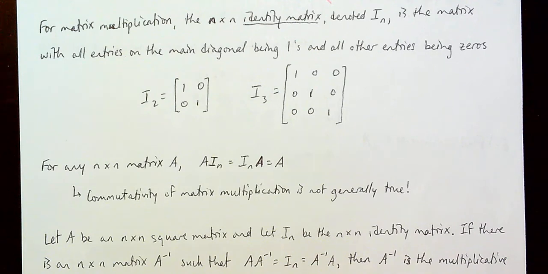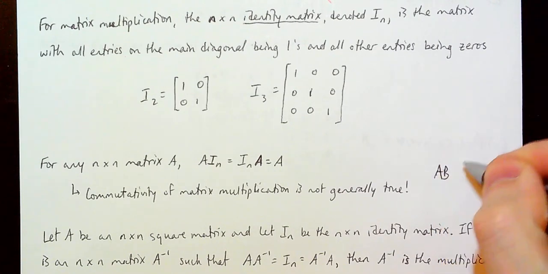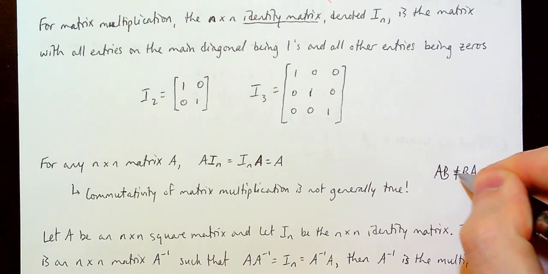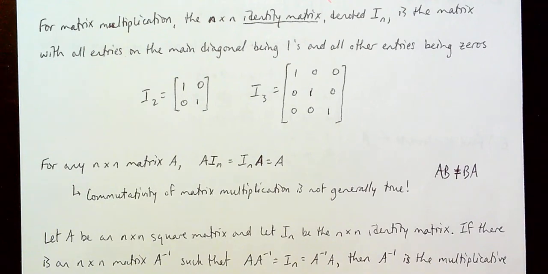And this is very special for this matrix because in general, commutativity of matrix multiplication is not generally true. It's not always the case that if you have the product matrix AB and the product matrix BA, those two things are going to be the same thing.